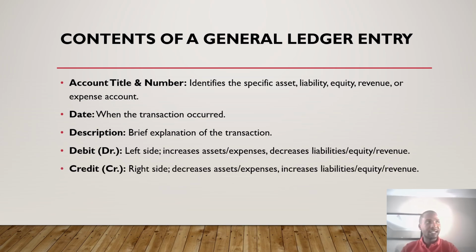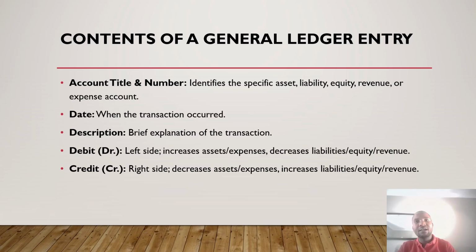So the left side, as we have already demonstrated in our previous lesson, is the debit side. It increases assets and/or expenses. The same left side, which is the debit, also decreases liabilities, equity, and revenue.